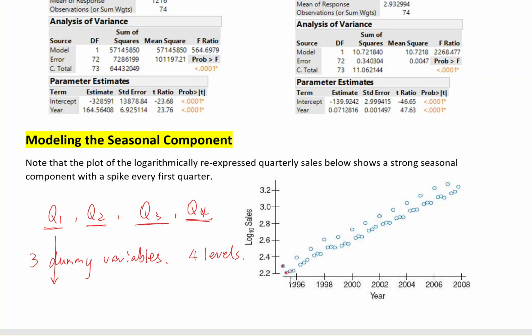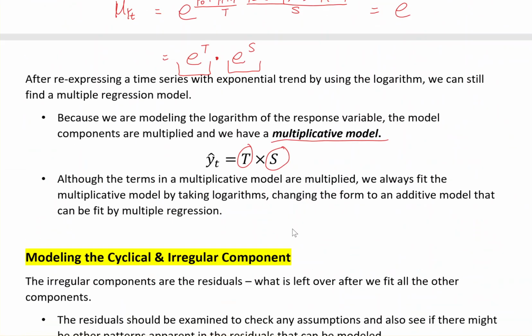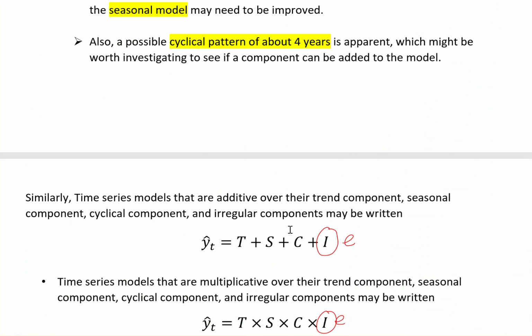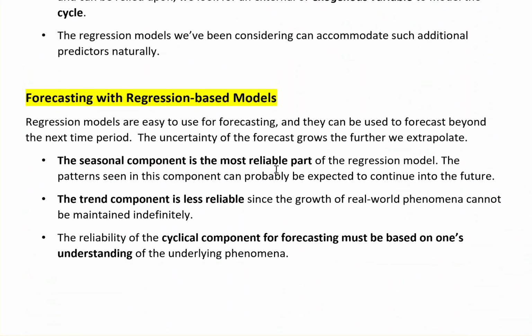But for the seasonal component, since this pattern has been repeated for so many years, this pattern is very, very stable for each year. So that's why we say the seasonal component is the most reliable part of the regression model.